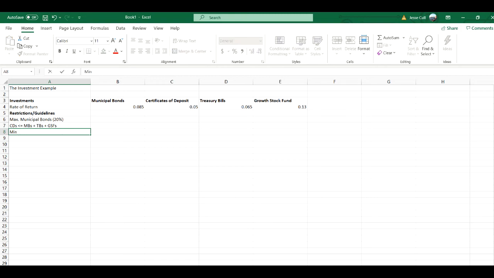And again, we'll come over here, just as we always do, and we'll call it available constraints total. Total available.